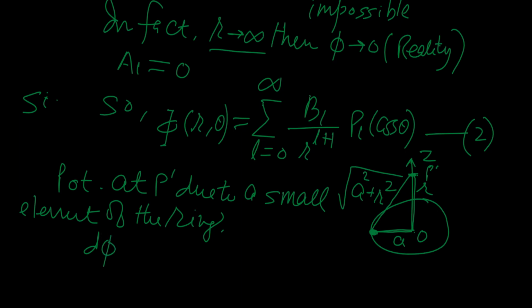From the basic definition of potential, this will be 1 over 4 pi epsilon naught, dq by the square root of a square plus r square.